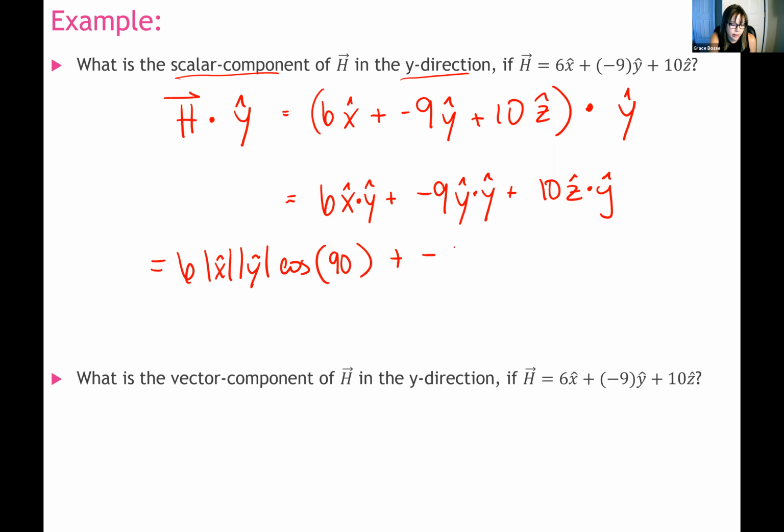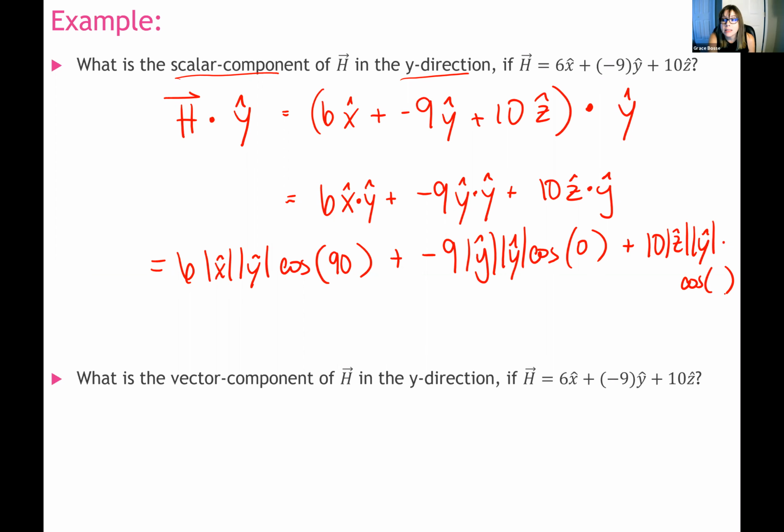The next term I have negative 9 times the norm of the first vector times the norm of the second vector times the cosine of the angle between them. y and y are parallel to each other because they are the same thing. So the cosine of 0 in that term right there. And now the last one, I get 10 times the norm of z hat times the norm of y hat times the cosine of the angle between them. And again, z hat and y hat are perpendicular unit vectors, so that's going to be the cosine of 90.